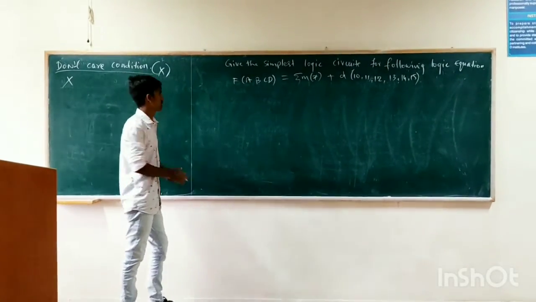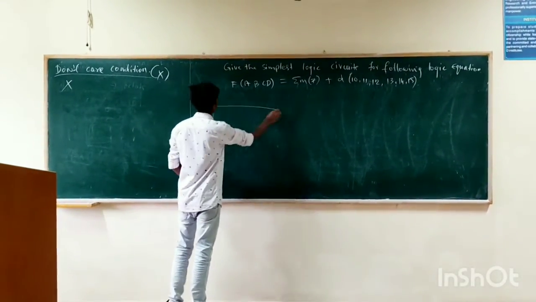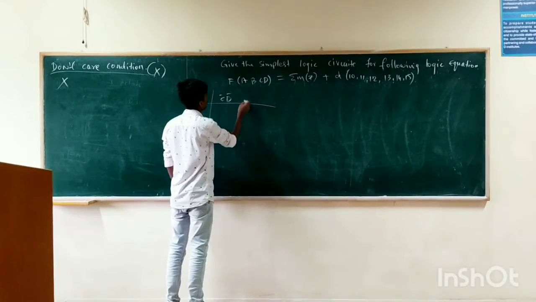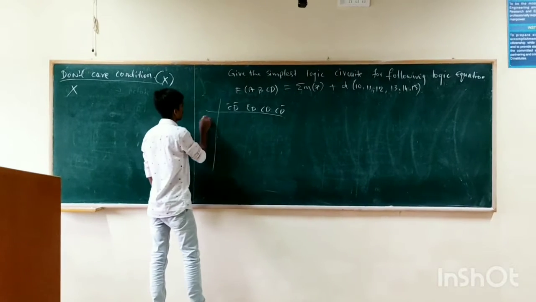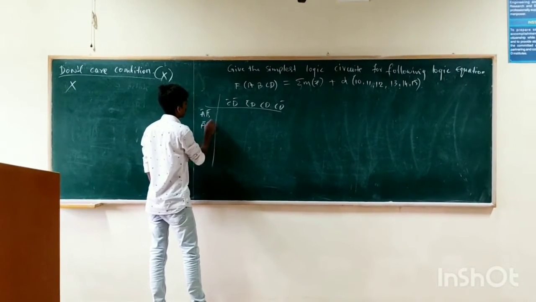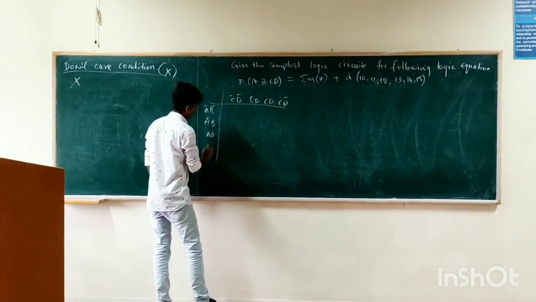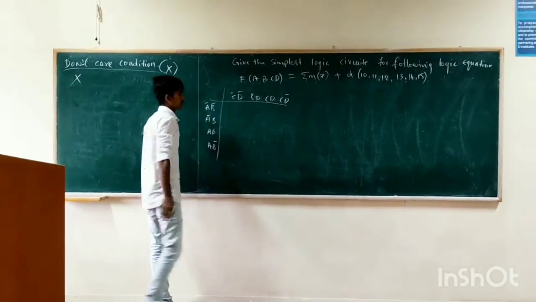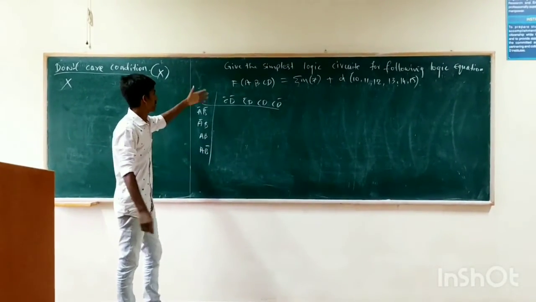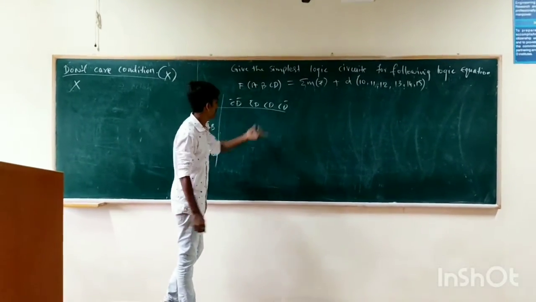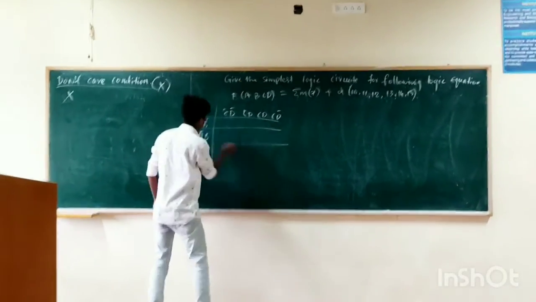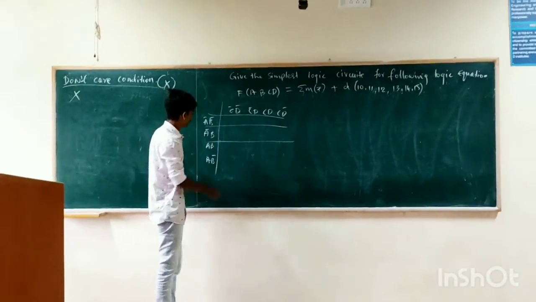We know the structure of the 4 variable K-map: C bar D bar, C bar D, C D, C D bar, and A bar B bar, A bar B, A B, and A B bar. And we know the position of each box of our K-map, so I am not going to write it again and again.